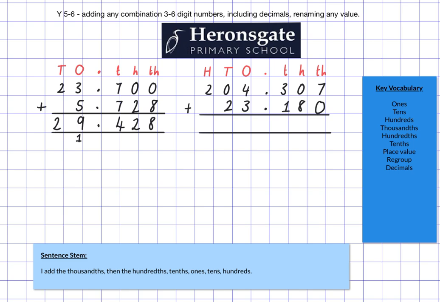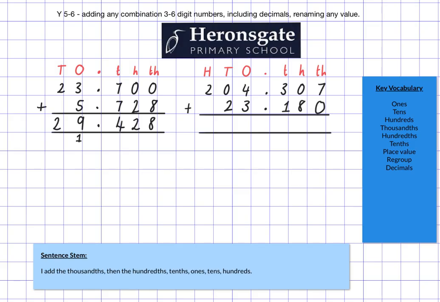It's really important to note that even if the addition equation is written out, say for instance 23.180 plus 204.307, it's important that children understand that the largest number needs to go at the top of the column addition. That's a really important point to make.